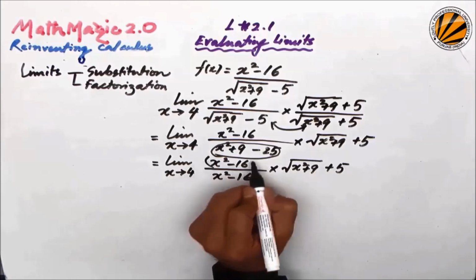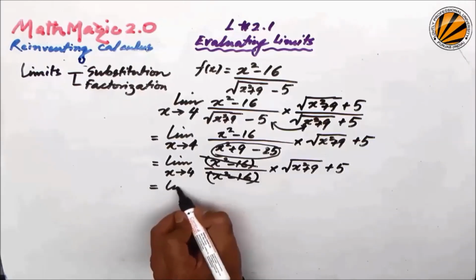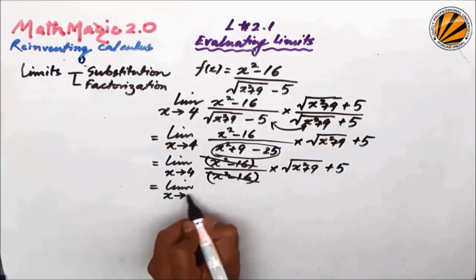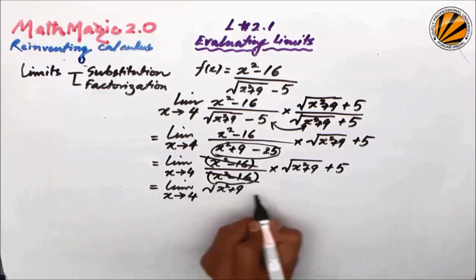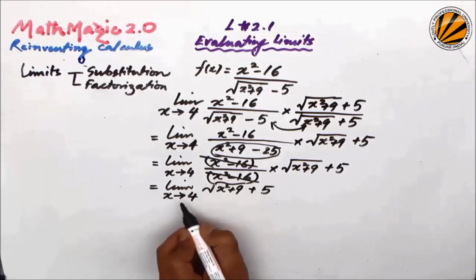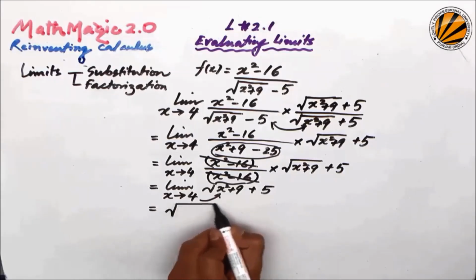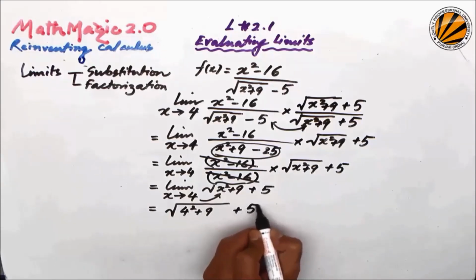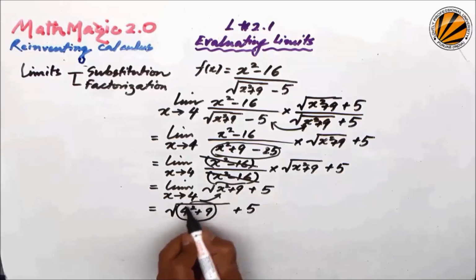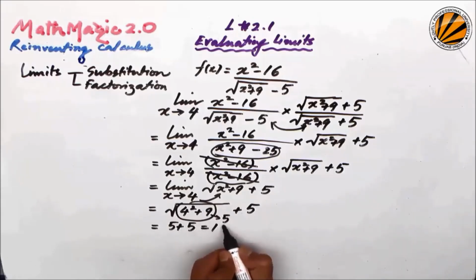These two values are the same, so they cancel. The limit as x approaches 4 becomes the square root of (x square plus 9) plus 5. Now I can directly substitute: the square root of (4 square plus 9) plus 5. 4 square plus 9 becomes 25, and the square root of 25 is 5. So the limit is 5 plus 5, which equals 10.